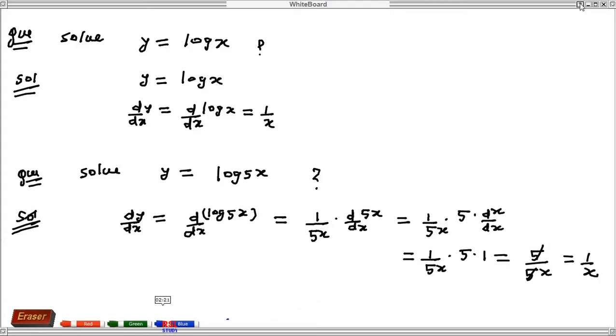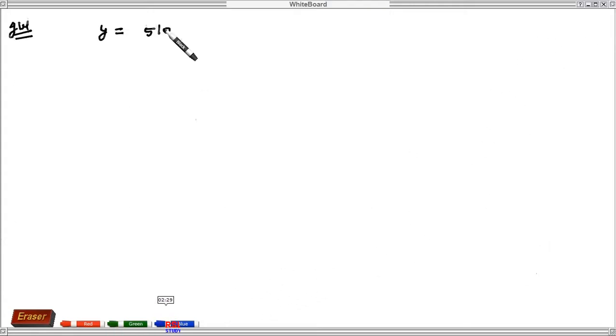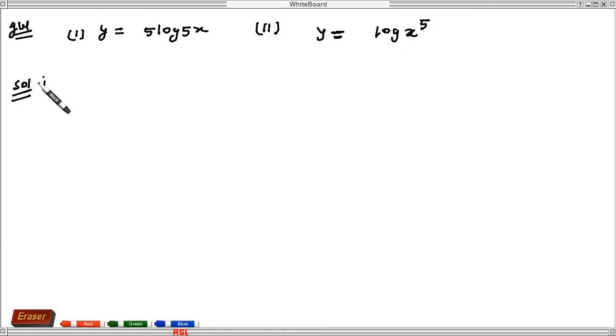So moving to the next, the question is: differentiate y equal to 5 log 5x. What will you do? And the second question is: differentiate y equal to log x power 5. Solving the first question, firstly we will rewrite it.